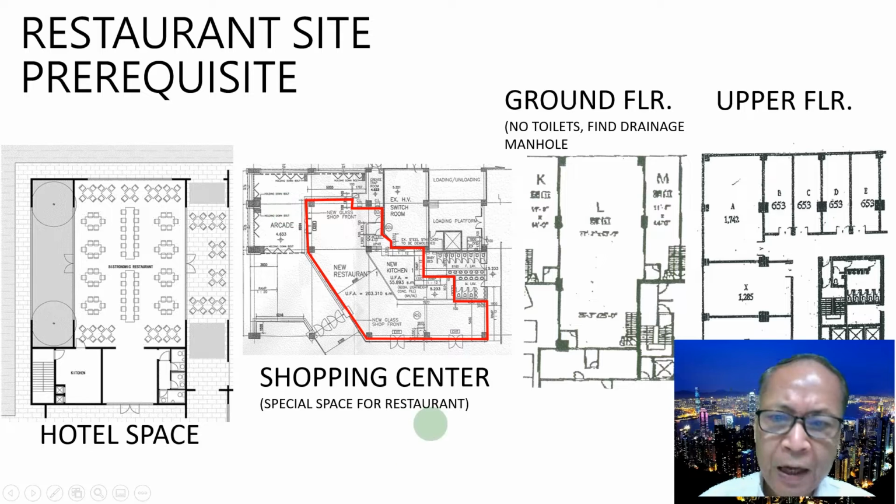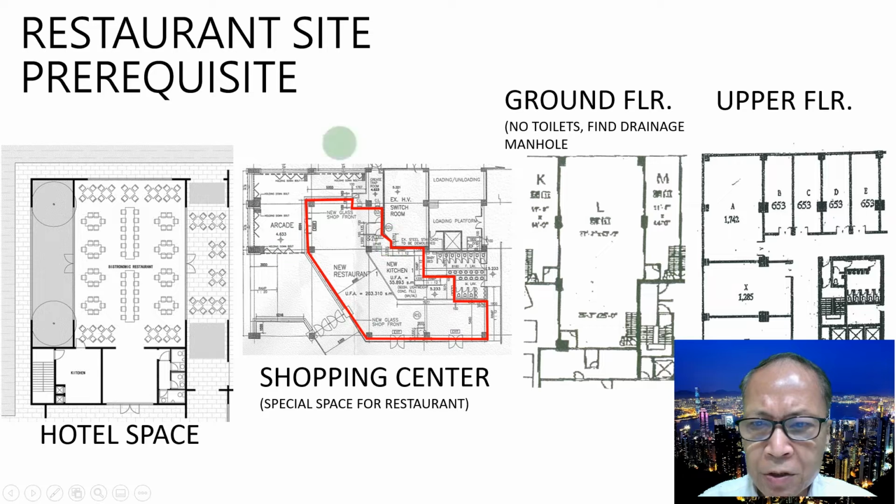For shopping center, also, the architect also designs the restaurant location, so it's legally suitable for a restaurant. You see this space. It's a kitchen here, and the sitting accommodations here, and the toilet facilities right here. So the basic requirement is already done.